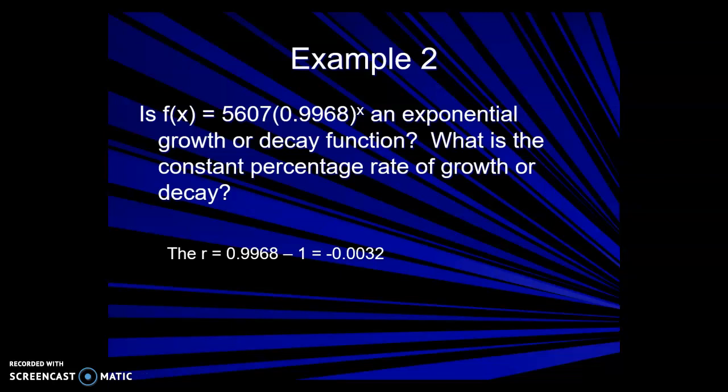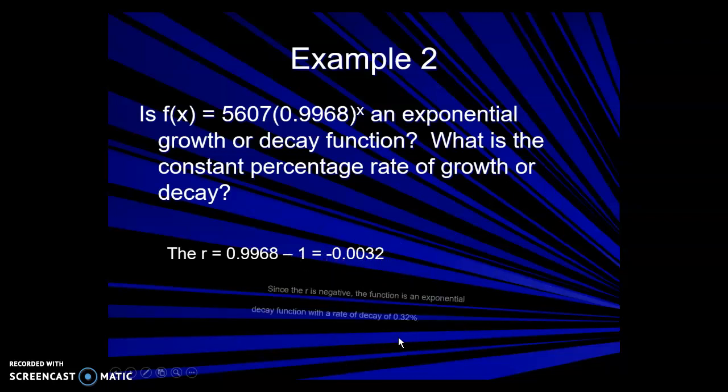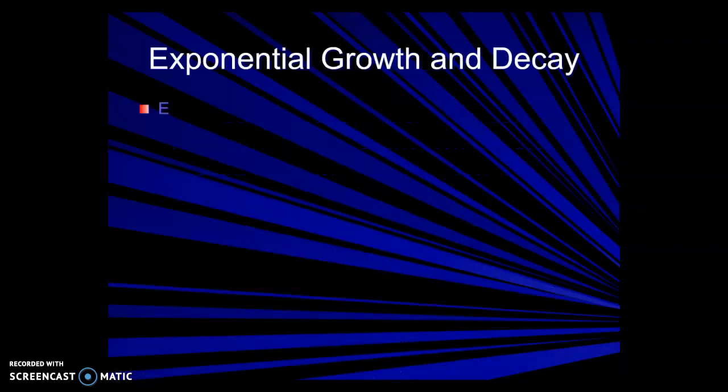They had 1 plus r equals this, and then they solved that equation, and they show that it became a negative value, which shows that it's a decay value. But anyhow, this is the decay rate. If you move the decimal point, you can make it into a percentage. It is a 0.32% rate of decay. Hope that makes sense. All right.